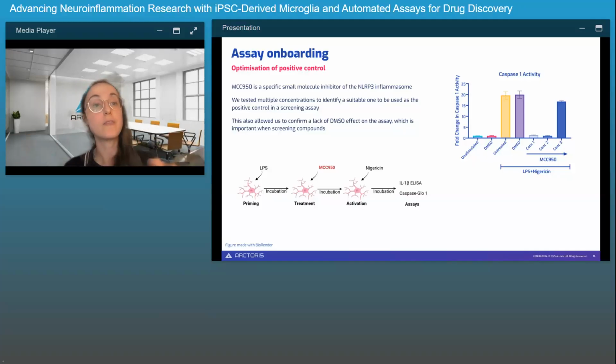We tested a range of different concentrations, and we found the most optimal one that we use as a control for our subsequent experiments. And also in this assay, it enabled us to see that DMSO in the concentrations used was not interfering with this signaling pathway and with the NLRP3 inflammasome.